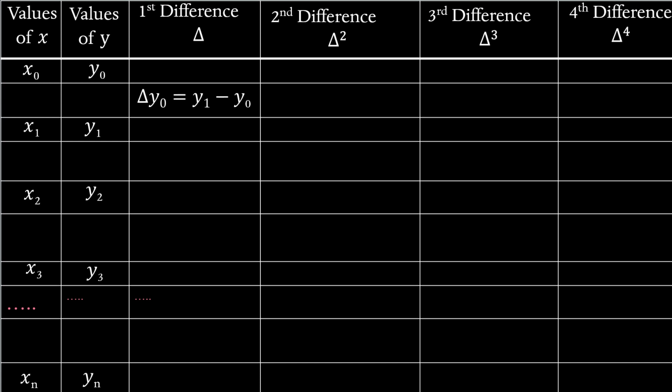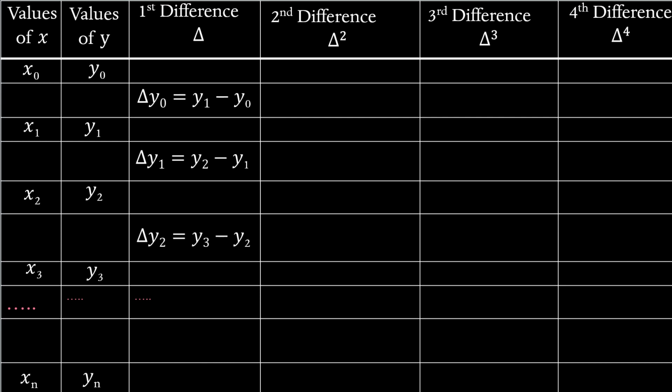The next one, delta y1, will be what? y2 minus y1. So you need to write it in the next column in between the rows of y2 and y1, as delta y1 is equal to y2 minus y1. And next one, delta y2 is equal to y3 minus y2.